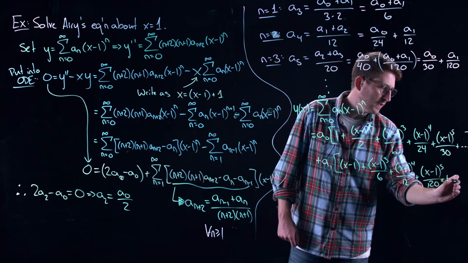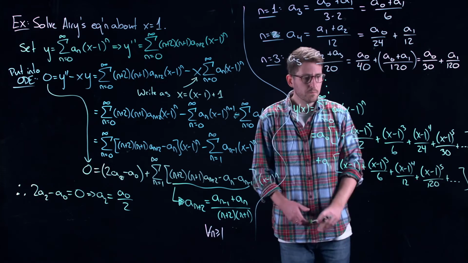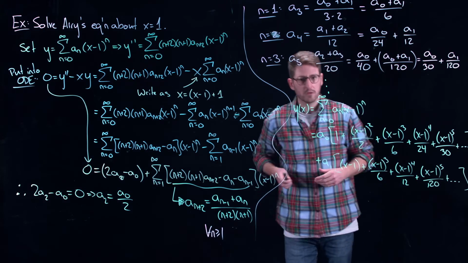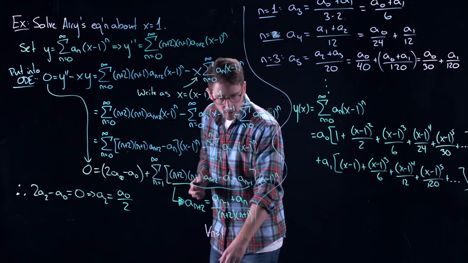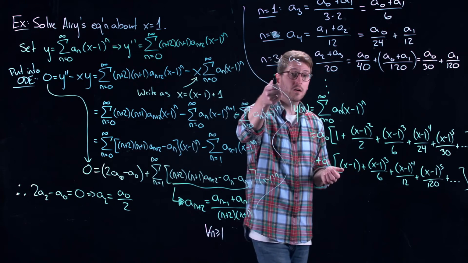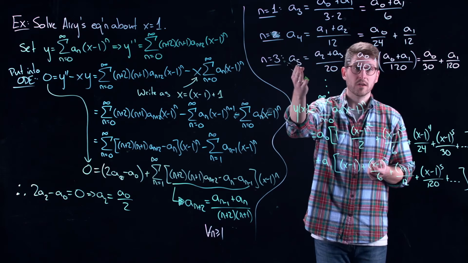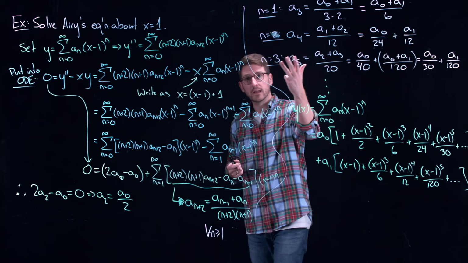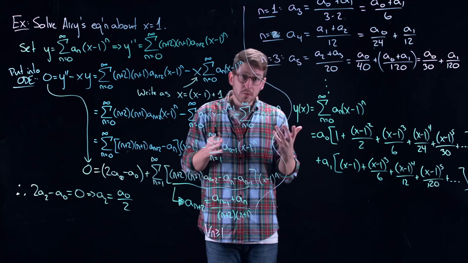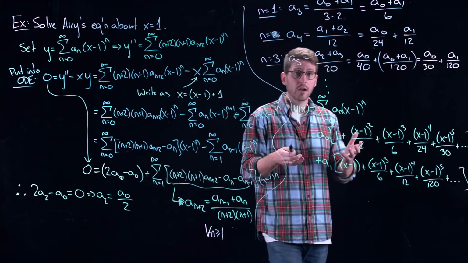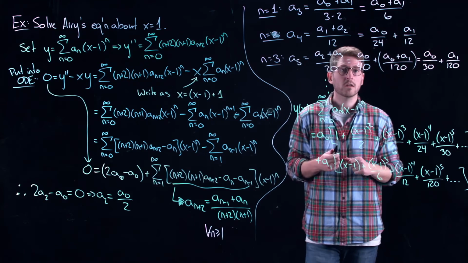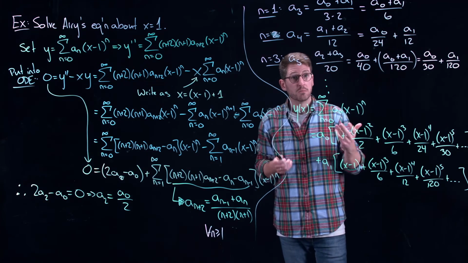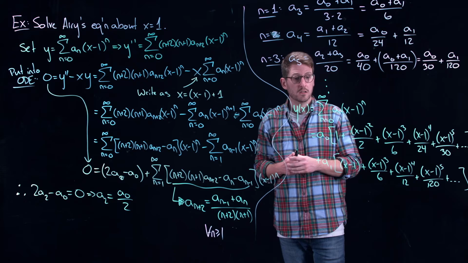So it's pretty ugly, but it's doable, right? At least I can get the first 5 terms here. In fact, you could get way more. I just stopped myself at a5. If I asked you to get a6, a7, a8, a9, a10, it might be a pain, but you could do it. There's nothing stopping you from plugging into these formulas and working through this until you get to the solution.